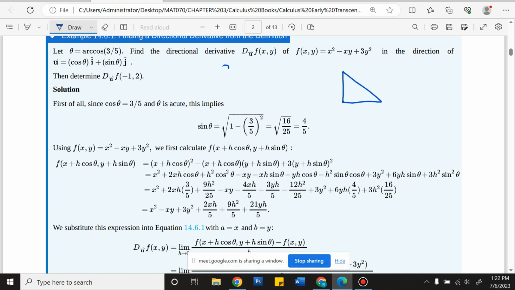Okay. So, theta is arccos of 3 over 5. Now, if I just want to get the value of cosine theta, I will have 3 over 5, right?